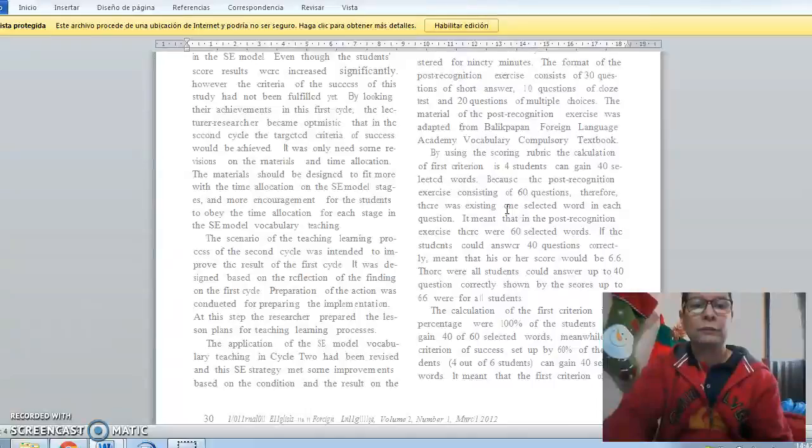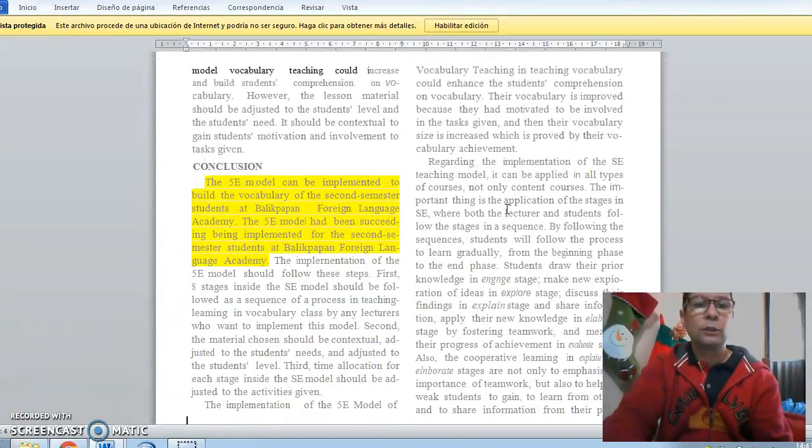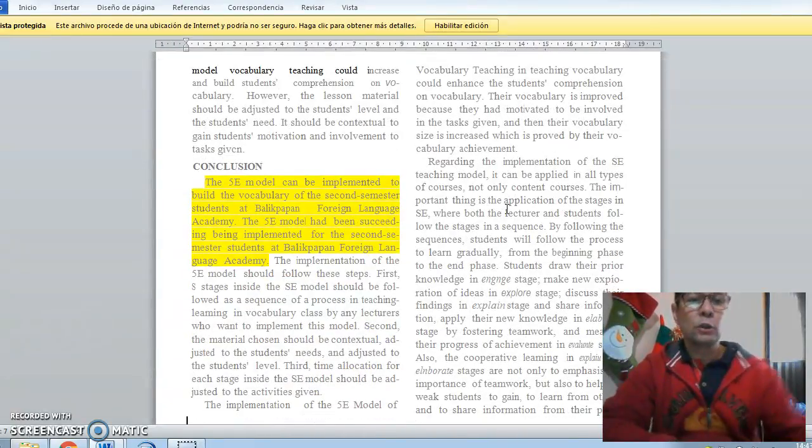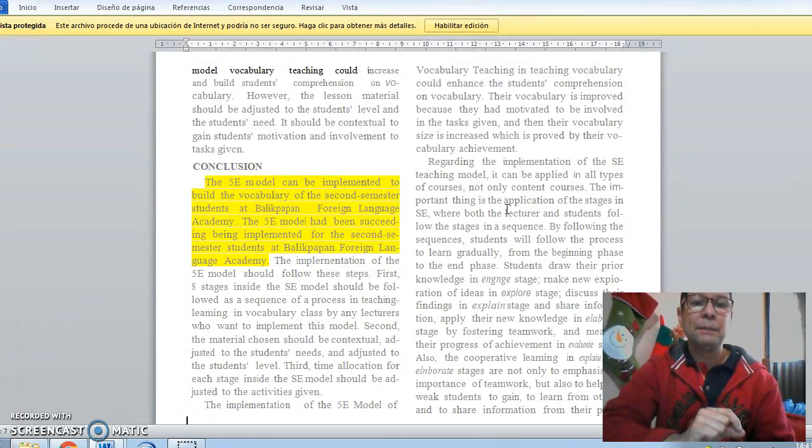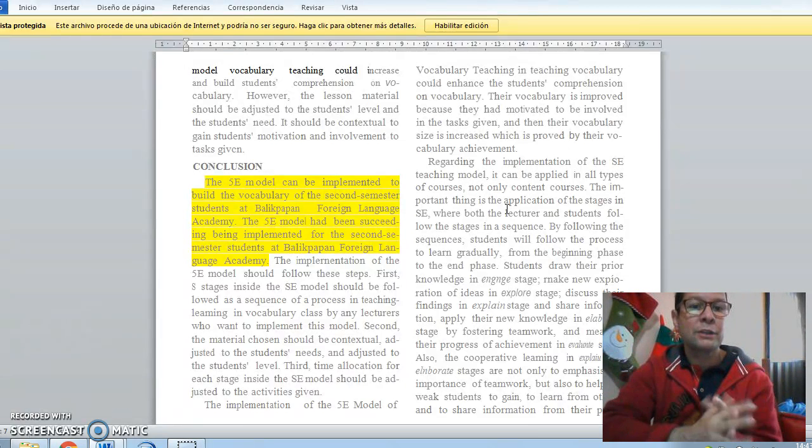Well, finally, we can go to the conclusion, and here we can see what I could conclude after reading the article and doing all the investigation. It says, conclusion: the 5E model can be implemented to build the vocabulary of the second semester students at Balikpapan Foreign Language Academy.